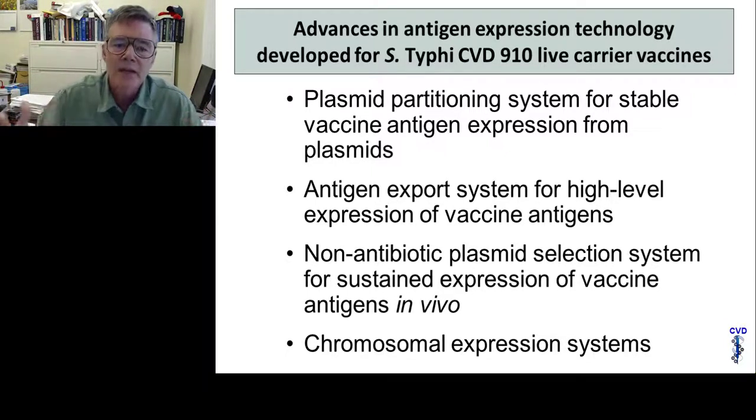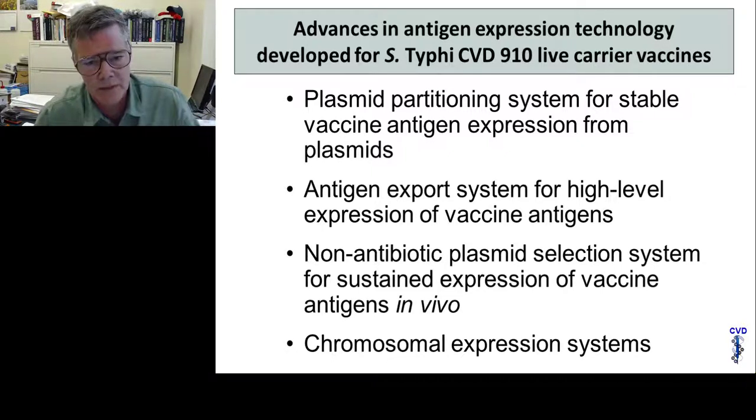If you lose the plasmid in vivo, you lose the ability to make foreign antigen. So you may get a really good immune response against the live vector of the carrier vaccine, but you won't get any immune recognition of the foreign antigen because the plasmid's gone.